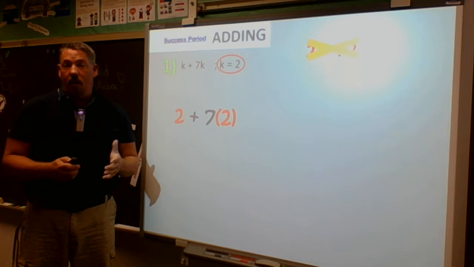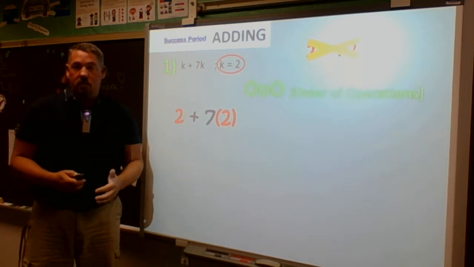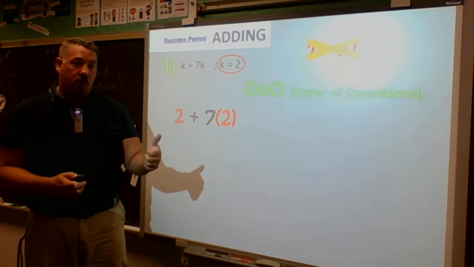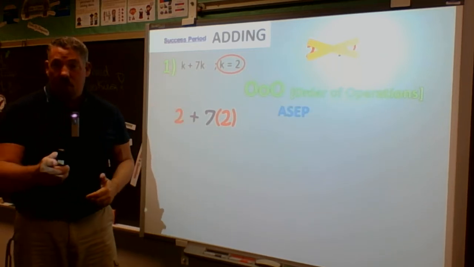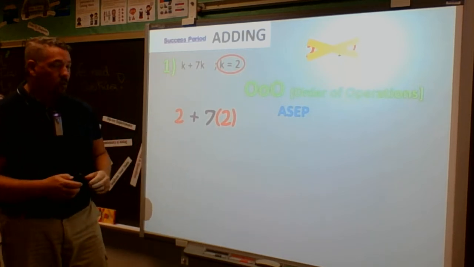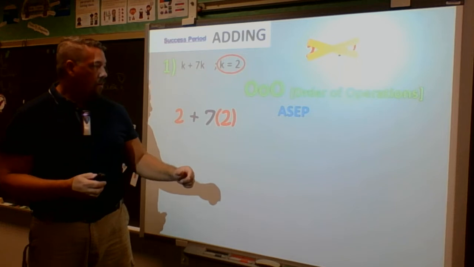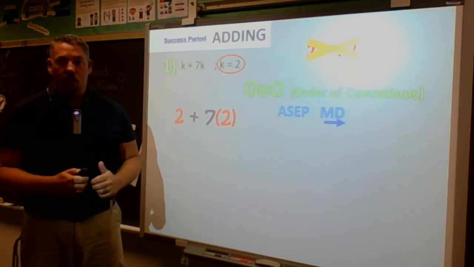Then I have to think about my order of operations. Order of operations, once again, tells me that I'm going to do absolute value, square root, exponent, and parentheses first. We're going to get into absolute value here either this week or next in math. So we're going to be adding to this group that we have. Then I have my multiplication and division from left to right.